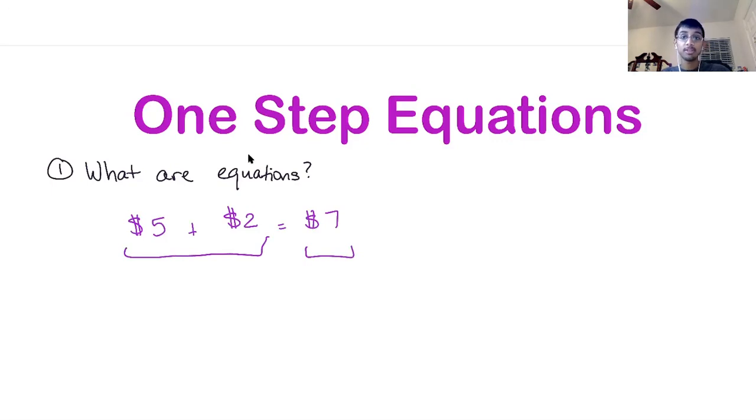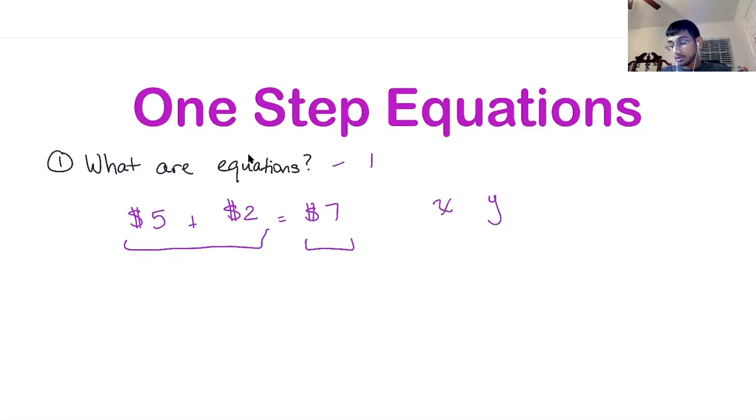Variables you've probably seen in classes like pre-algebra, and that is usually things like x or y, but basically any kind of letter or symbol that shows us a placeholder, I guess, of where certain things belong. So we know now that we have equations, and that's basically when two sides are equal to each other.